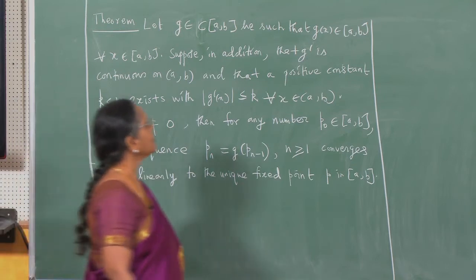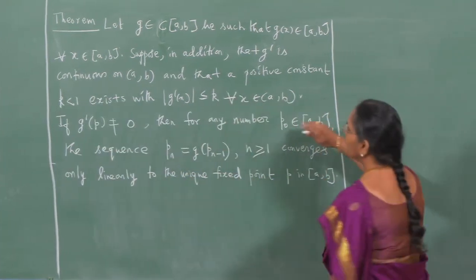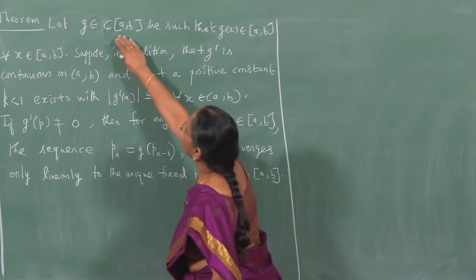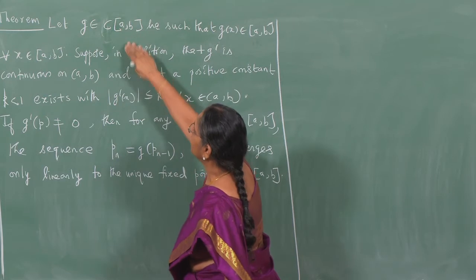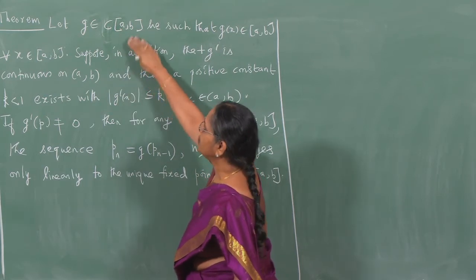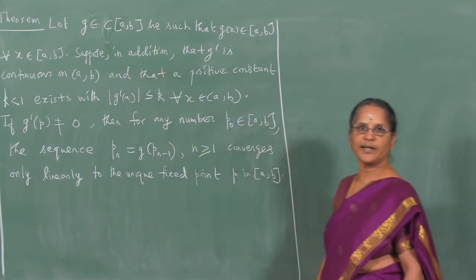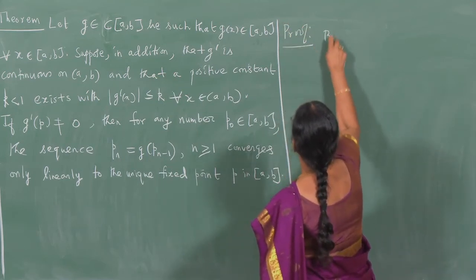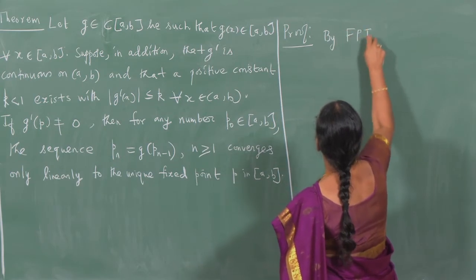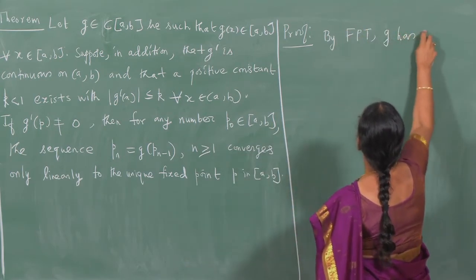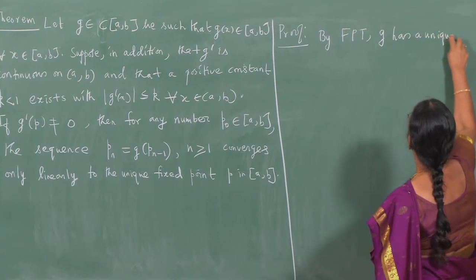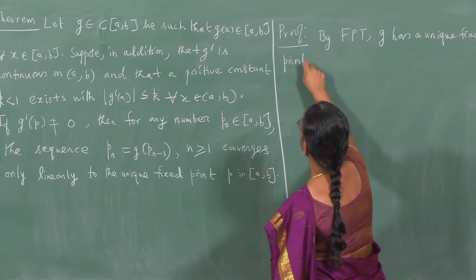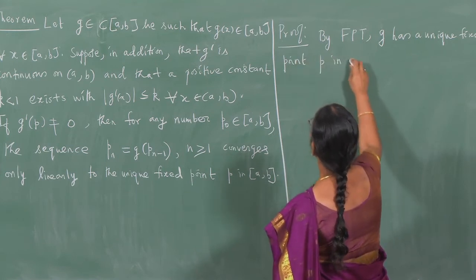So, let us work out the details. What is it that is given? The first few conditions are the conditions listed out in the fixed point theorem. So, we immediately conclude that by the fixed point theorem, g has a unique fixed point p in the interval a b.